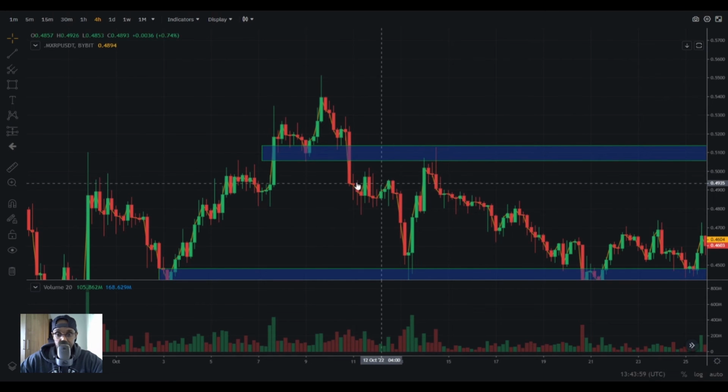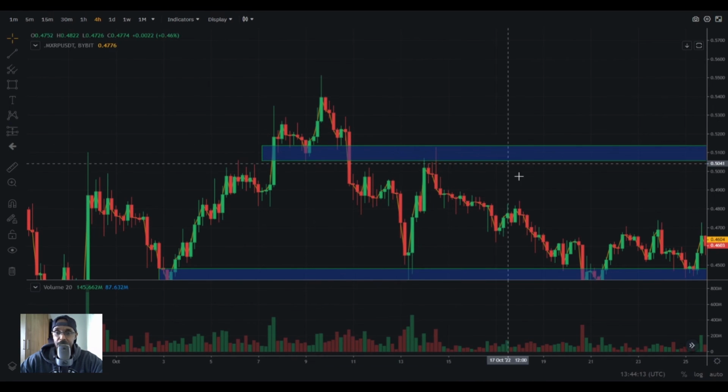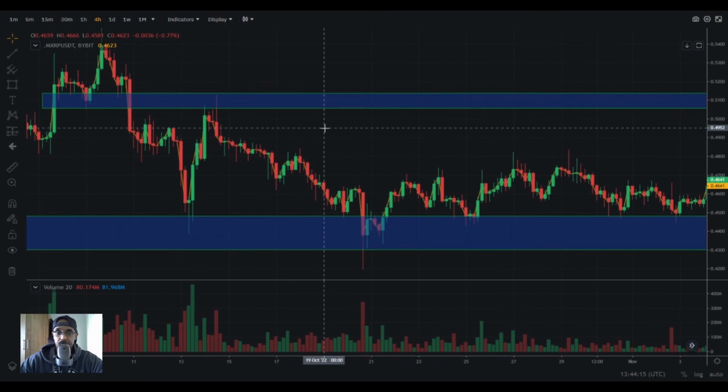We then kind of did this where we went sideways for a short while. We then went even further down, but this time we came back up again to retest this area over here before we made even further downwards movements.